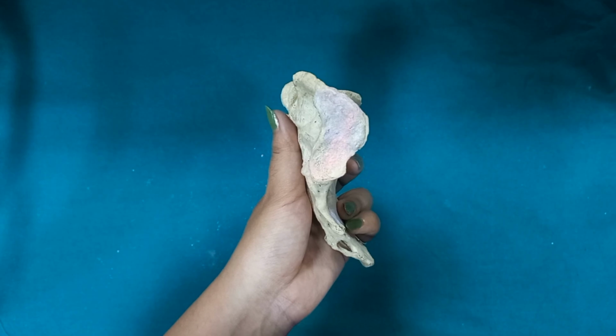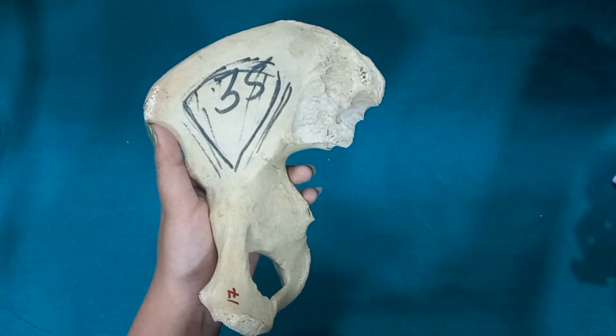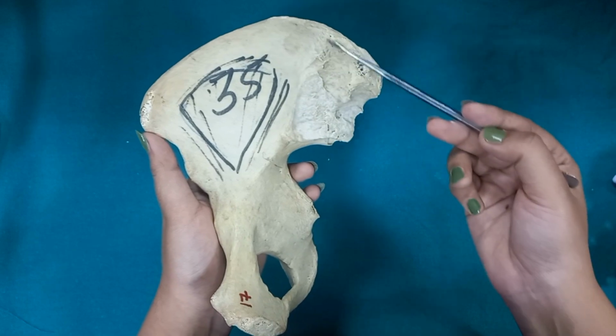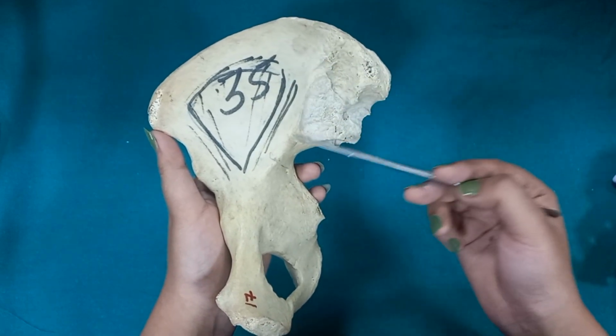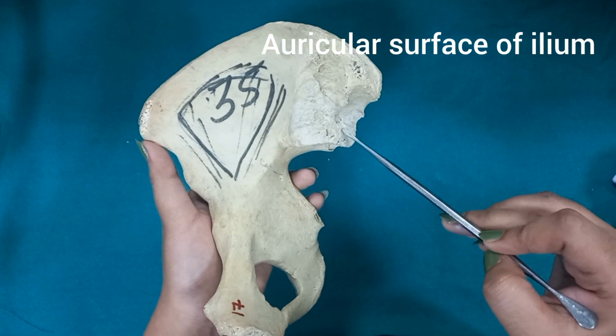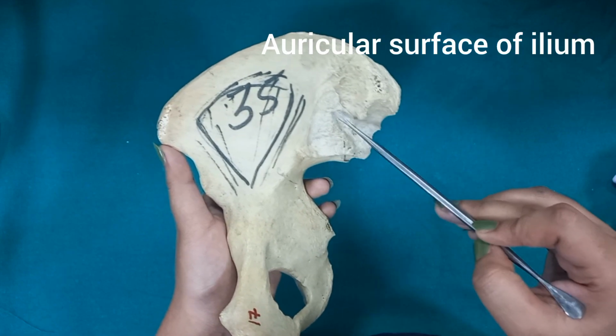Let me show you. Now this is the hip bone. Hip bone has this fan shaped part known as ilium, and this ilium has this auricular surface which lies posteriorly.